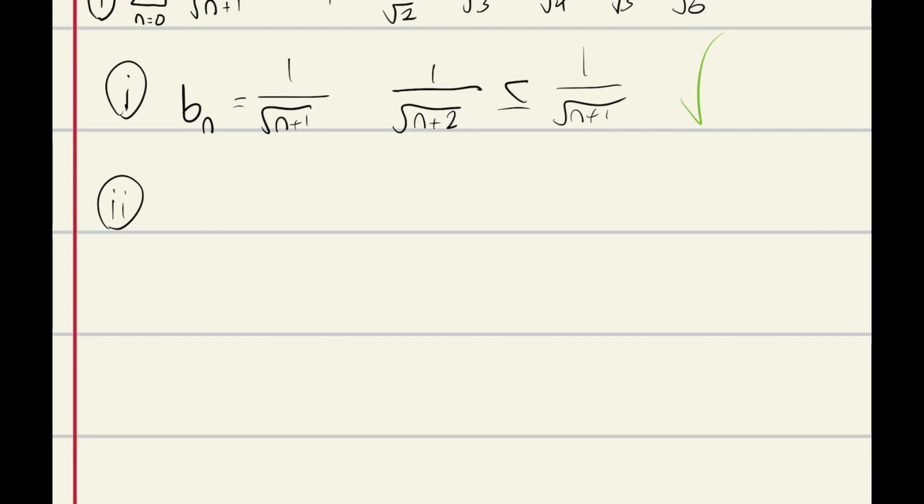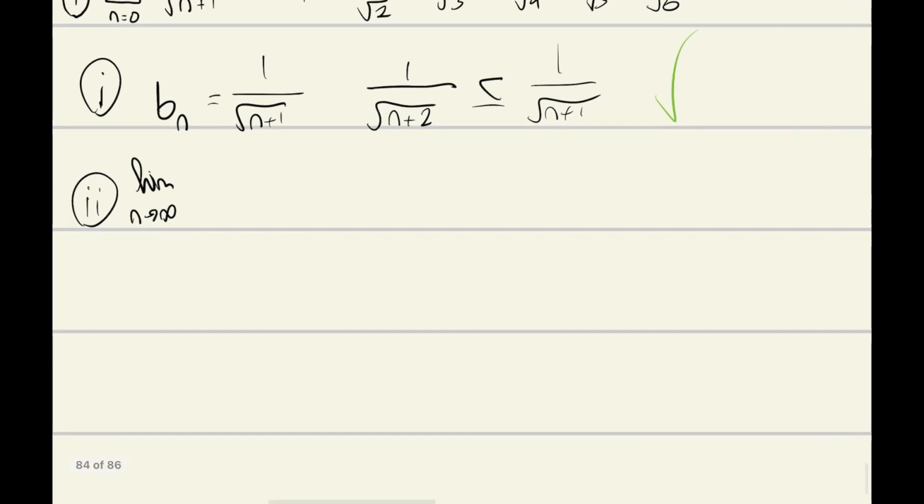The next thing we have to prove is that the limit as n goes to infinity of Bn, which is 1 over square root of n plus 1, goes to 0.